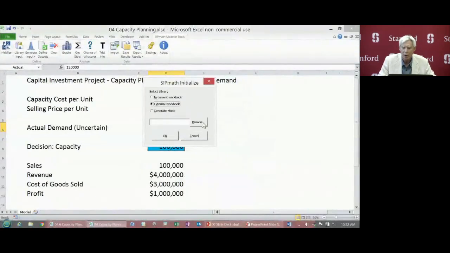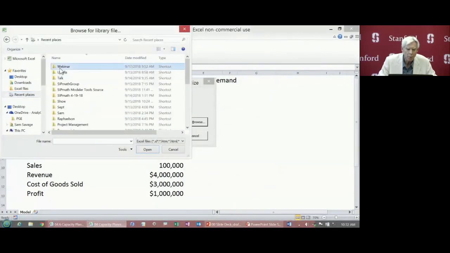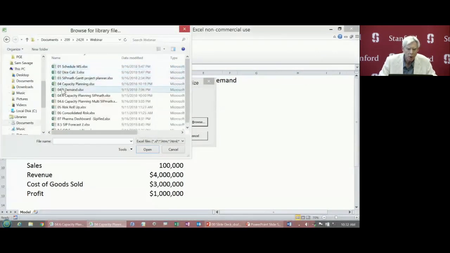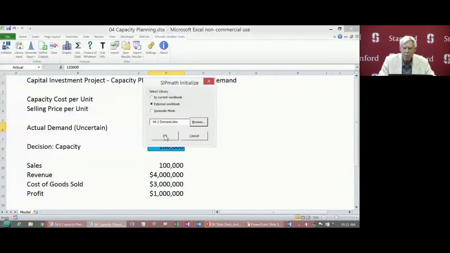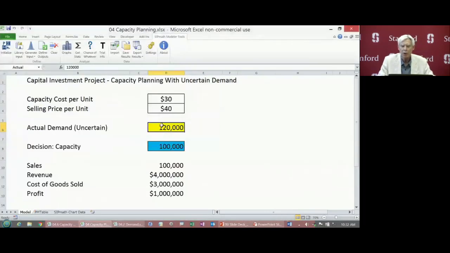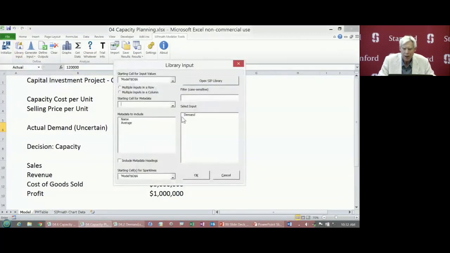I'm going to go to an external workbook, webinar, and oh, there it is, demand. So here's the library for demand for my product. Now I put the cursor in this cell, go to library input, ask for demand.